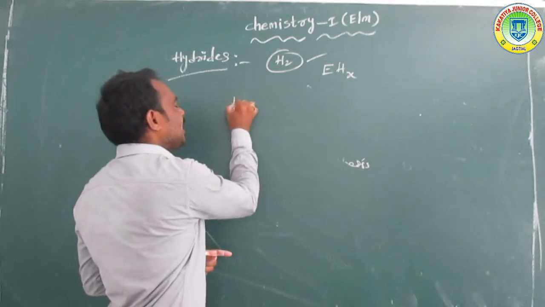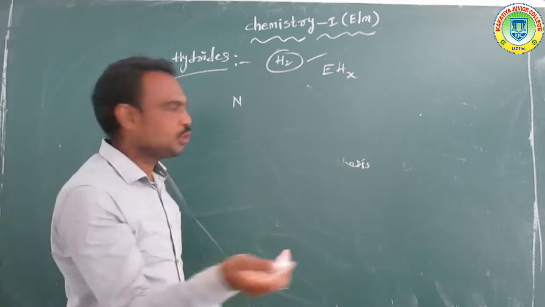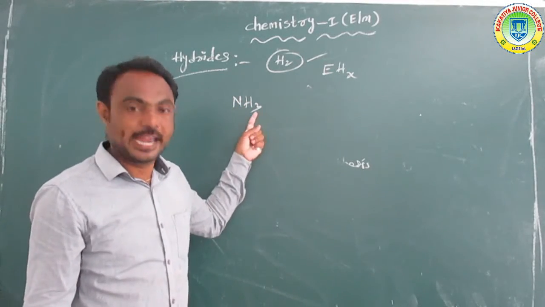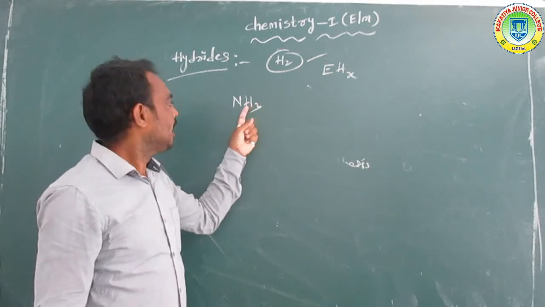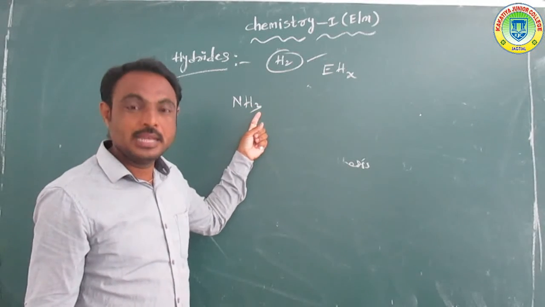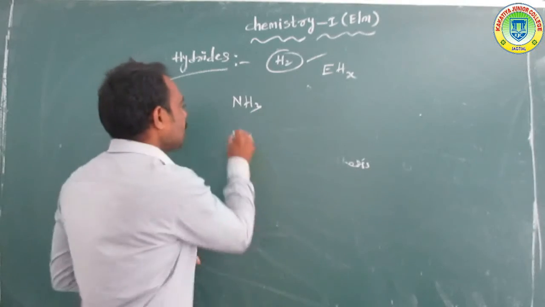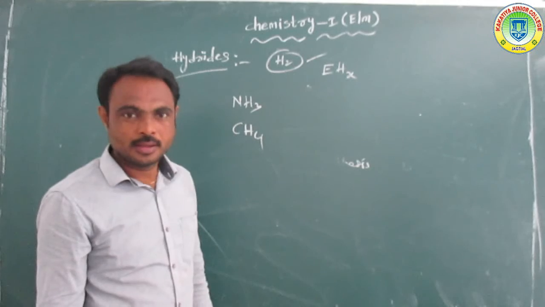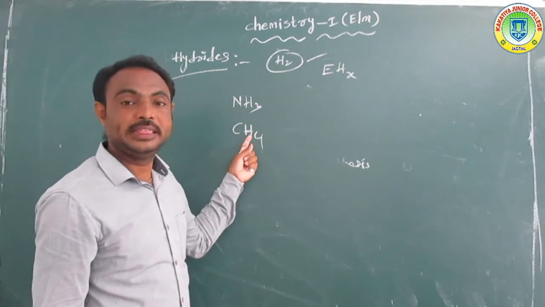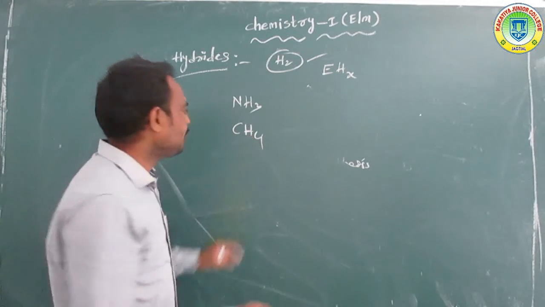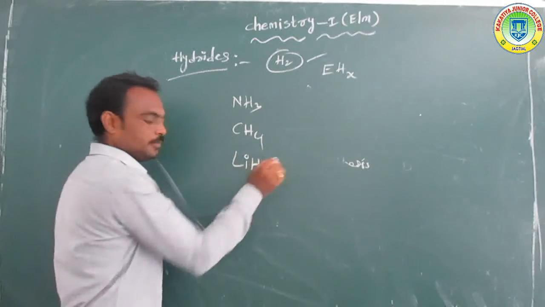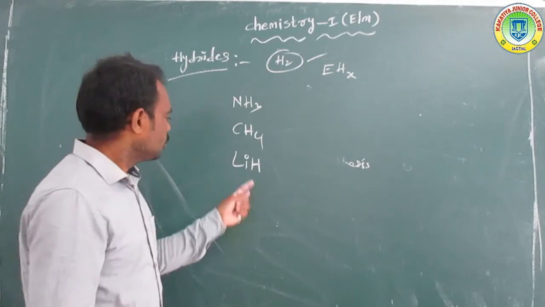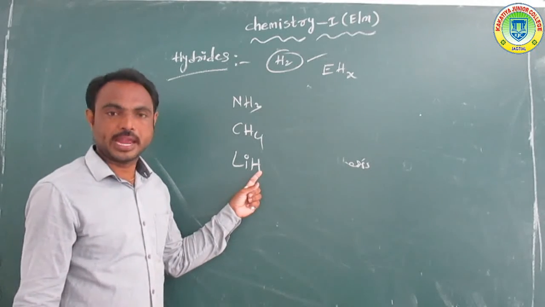For example, nitrogen reacts with hydrogen to form ammonia, so nitrogen hydride is also ammonia. Or CH4, carbon hydride, is also methane. Or for example LiH, lithium hydride.